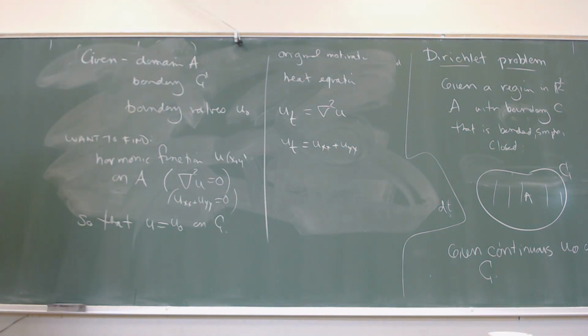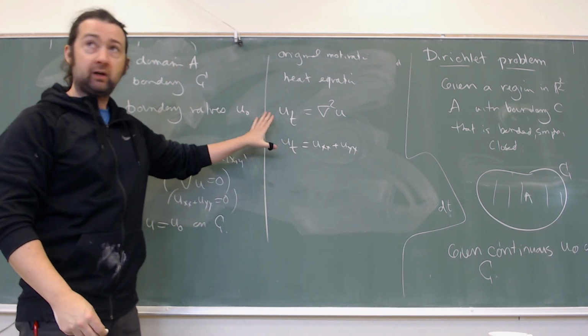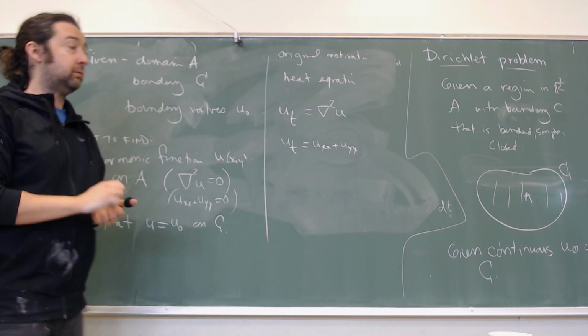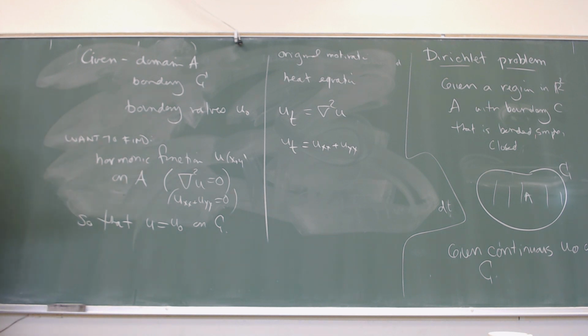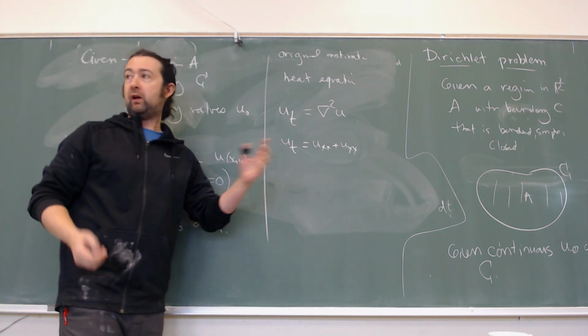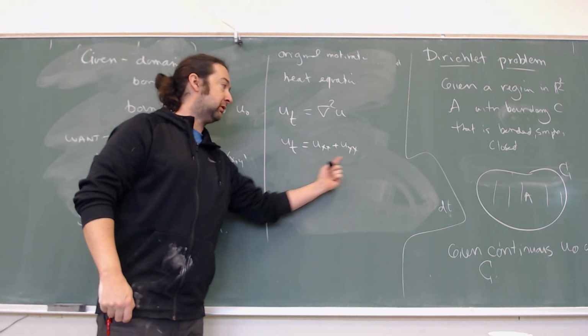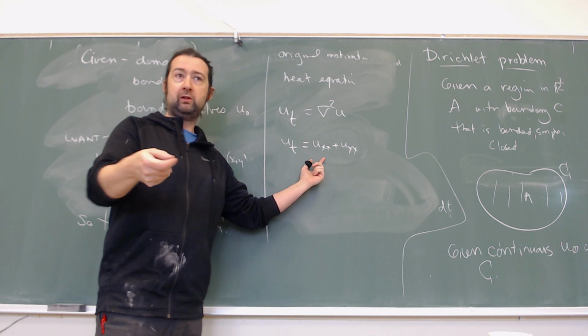When you're thinking about heat, you're thinking about A as being some sort of plate of material sitting in space, and the function u is the distribution of heat energy across the plate. The time derivative is a way of measuring how the heat is flowing through the plate as time evolves, and this gives you some measure of the directions in which the heat is flowing, right?